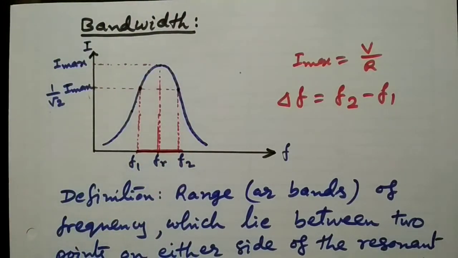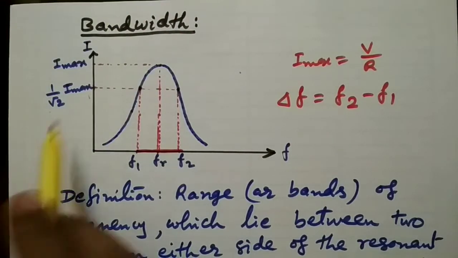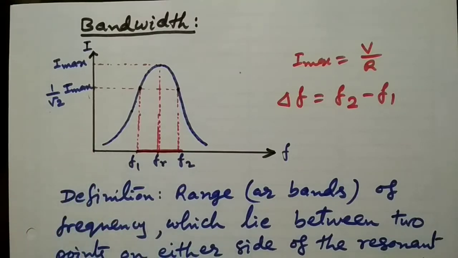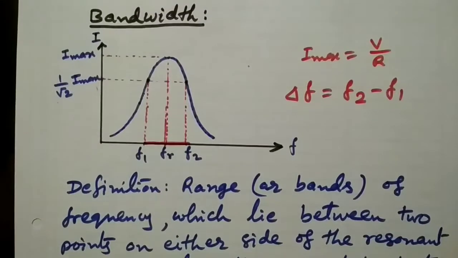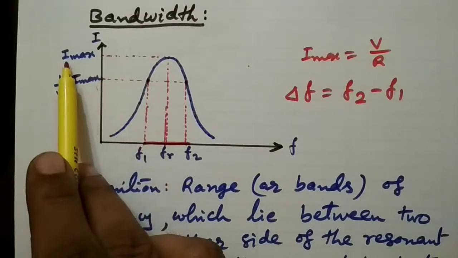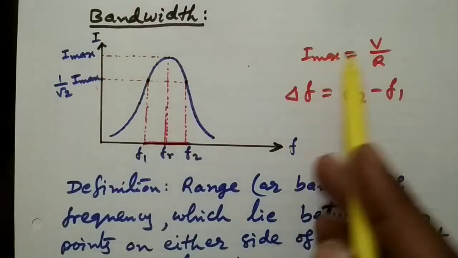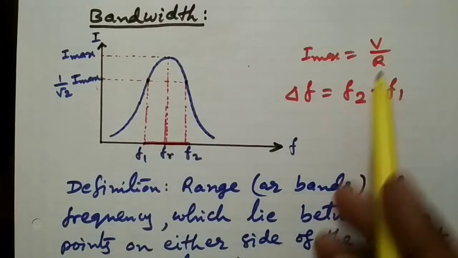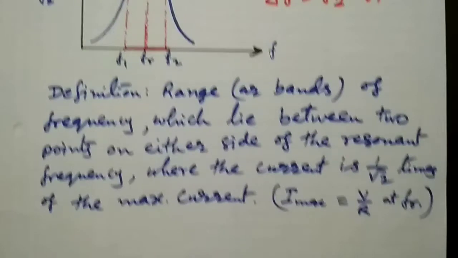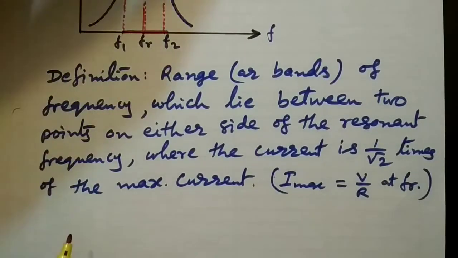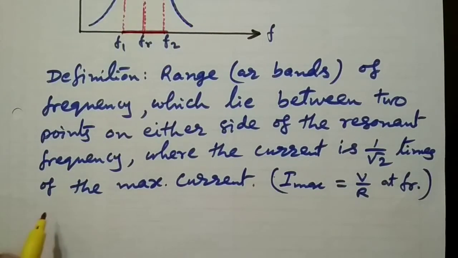Now in the bandwidth, as we have seen, the current is Imax by root 2. When the frequency is equal to the resonant frequency, that is FR, in that case the current is Imax, where I have written Imax equal to V upon R. So in this case, what will be the power of the circuit?